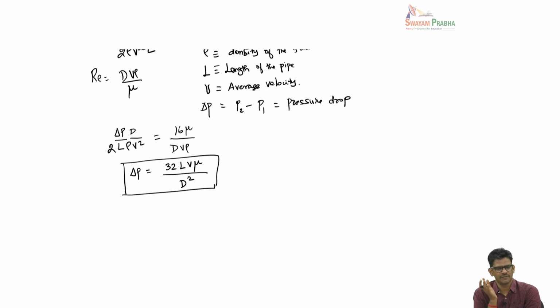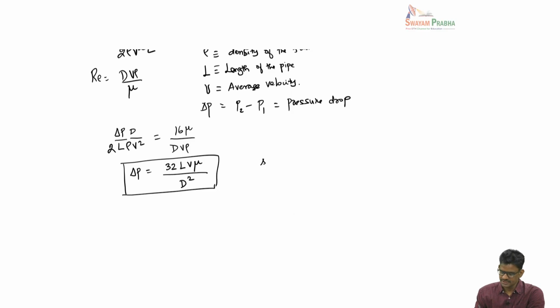You might recall when I was talking about absorption, in the choice of the solvent, we said the solvent should have lower viscosity. The reason is here. As you can see, delta P is proportional to viscosity. If you have a fluid with higher viscosity, it's going to add more pressure drop. So given a choice, you should choose a lower viscosity fluid, because it's connected to the pressure drop.